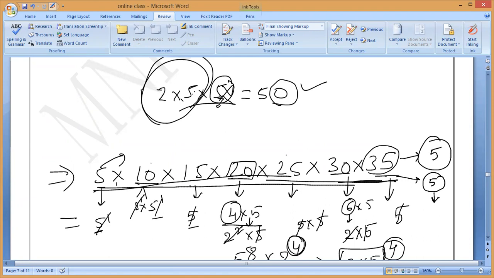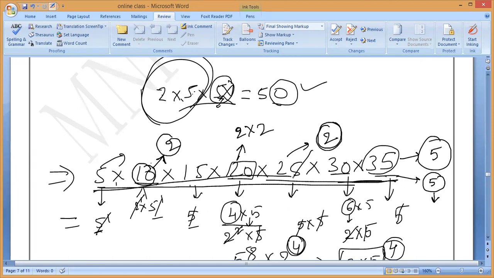So in this case, we take the less number, less means 2, correct? 2 is less. First find the 2s. How many 2s are there? Simplify the trick also. 10 only we get one 2, correct? 20, how many 2s? 4 into 5, in 4 there are two 2s.